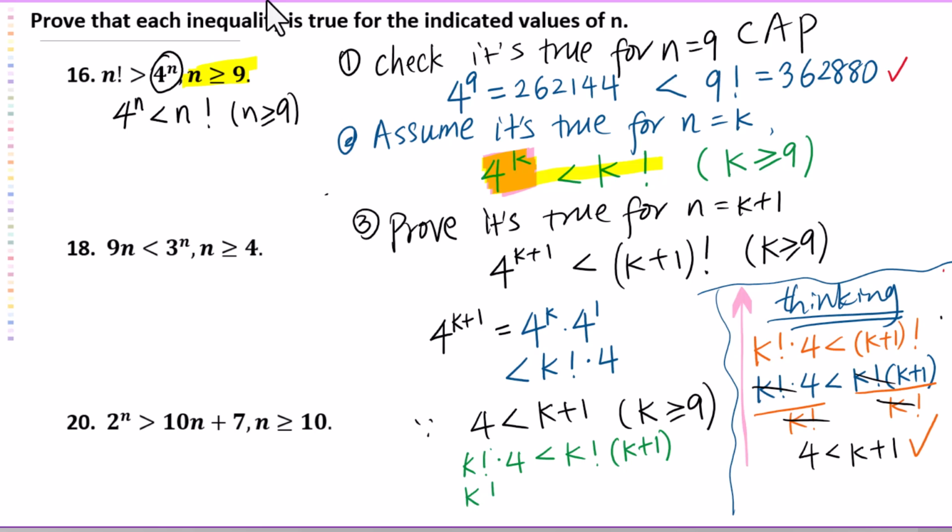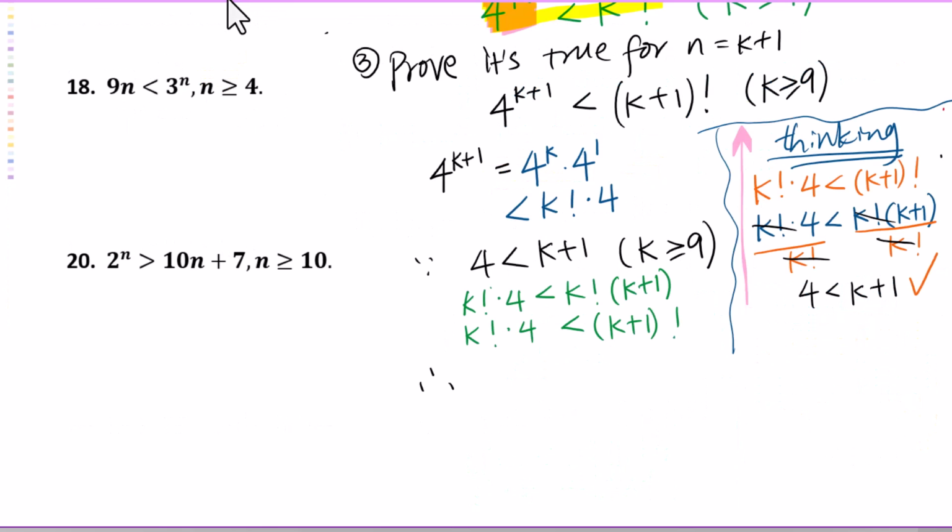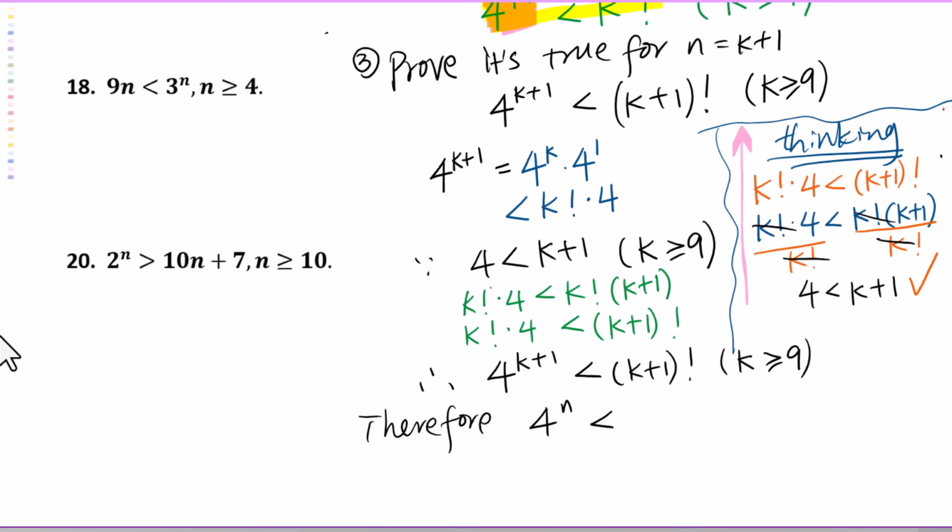So we got k factorial times 4 less than k plus 1 factorial. So 4 to the power of k plus 1 less than k plus 1 factorial for k greater than or equal to 9. Therefore, 4 to the nth power less than n factorial for n greater than or equal to 9. When you prove inequality, you have to pay more attention to the domain.